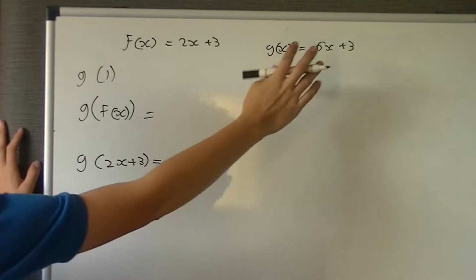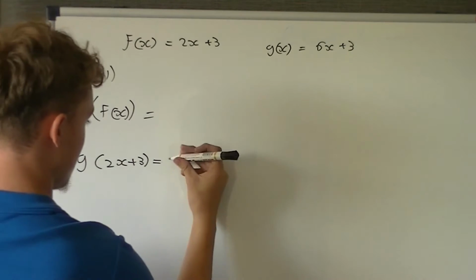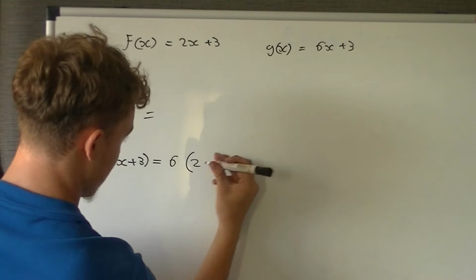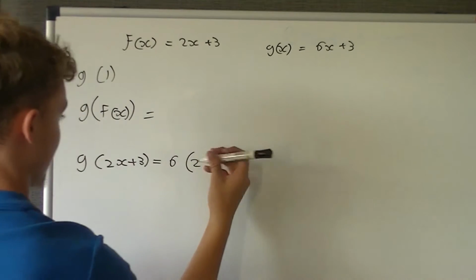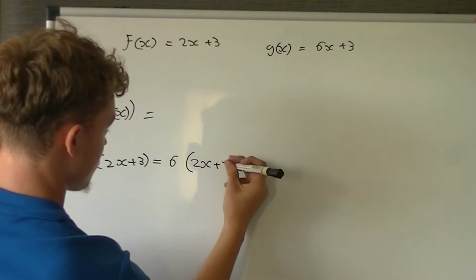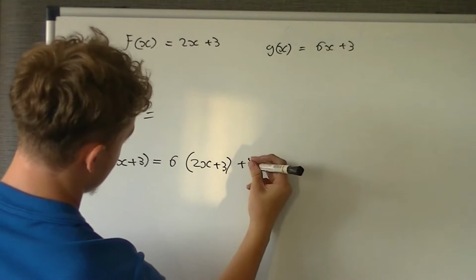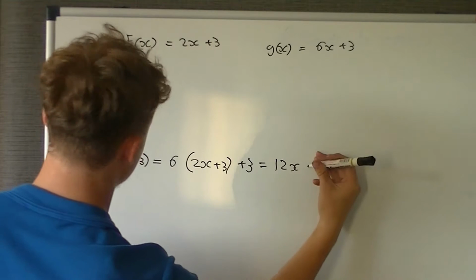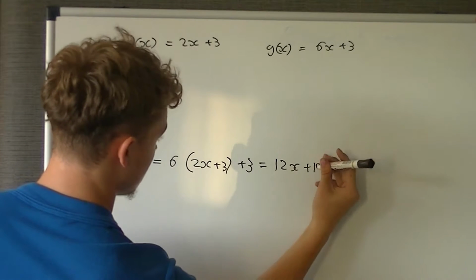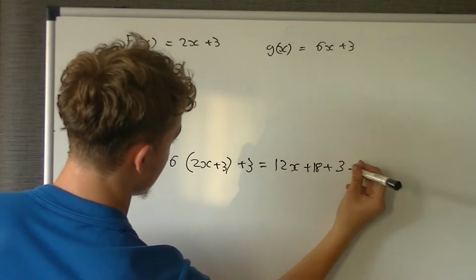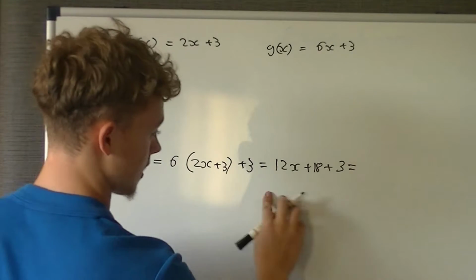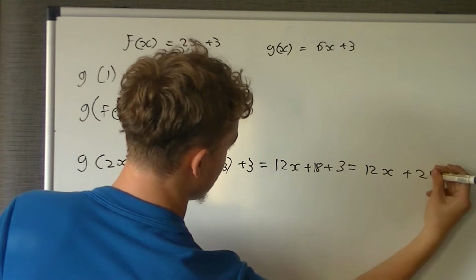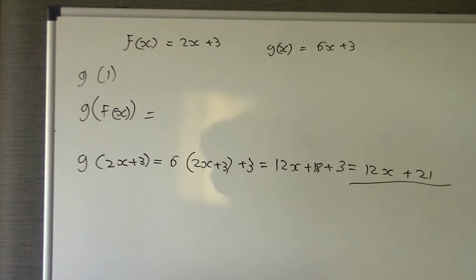So the old function here is 6x plus 3, so 6 times whatever's in here, which is 2x plus 3, because we've put f of x there. Then that would get us 6 times 2, 12x, 6 times 3, 18, plus 3. If we simplify that, we get 12x plus 21. So that's what we get.